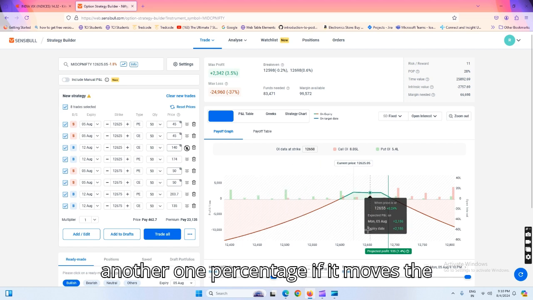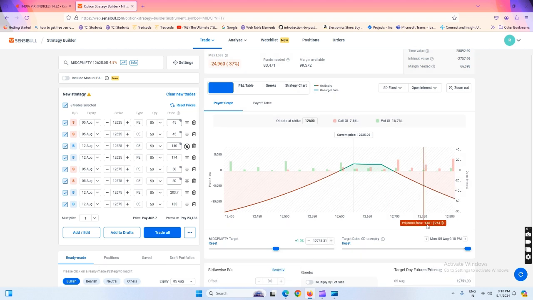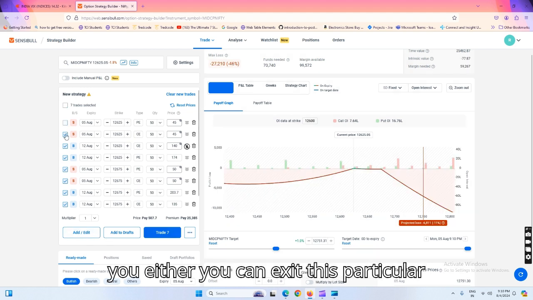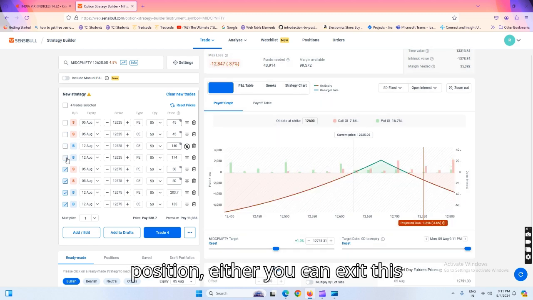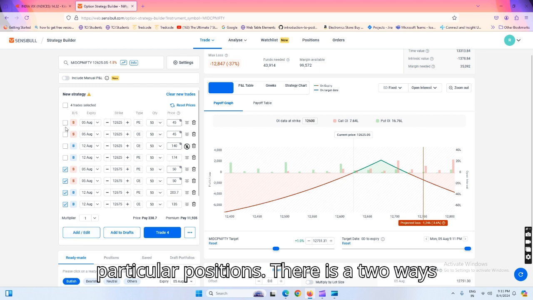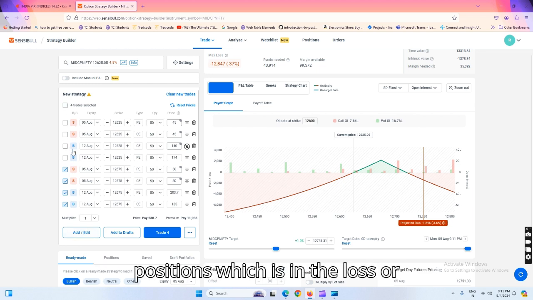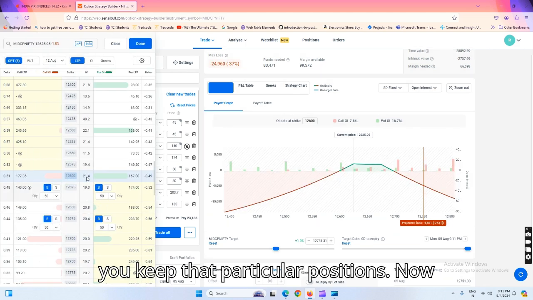Suppose it moves another 1 percentage, now you are in a loss of 4,000 rupees. Now what you can do is, there are two ways: either you exit this particular position which is in loss, or you keep that particular position.